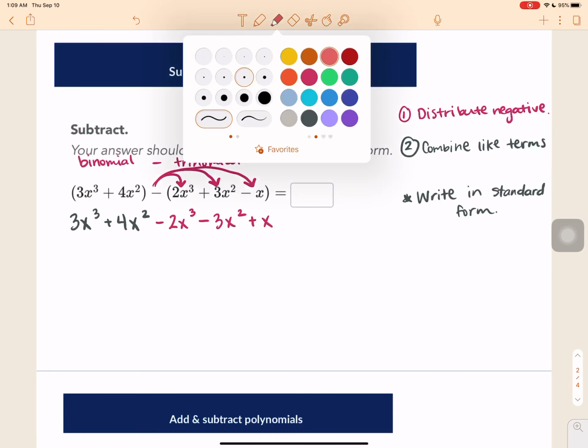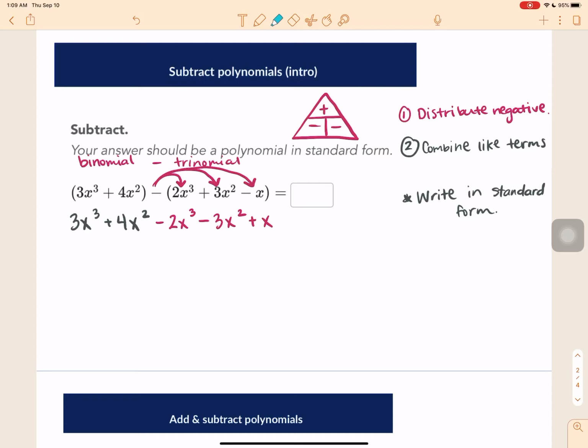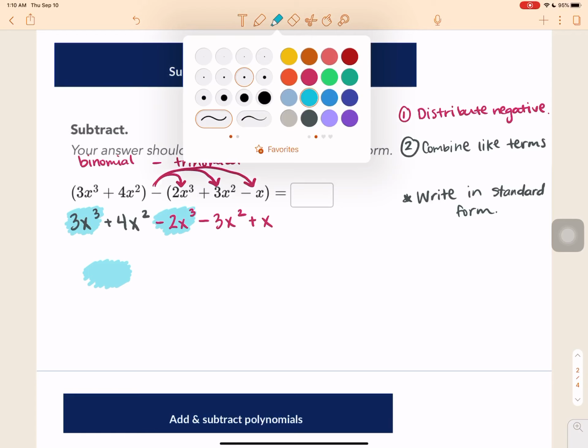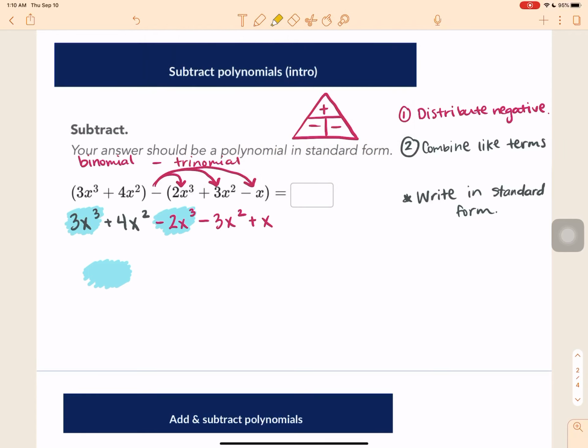I just picked one color to start off, so I have a 3x cubed, and I want to see if I have any other terms that have an x cubed, and I do. I have negative 2x cubed. So I know that my x cubes are going to need to be combined, and I'm just using that color as their color. And then I have 4x squared.